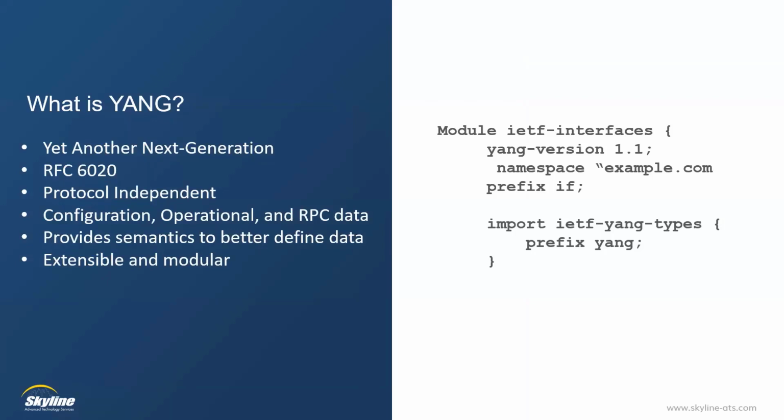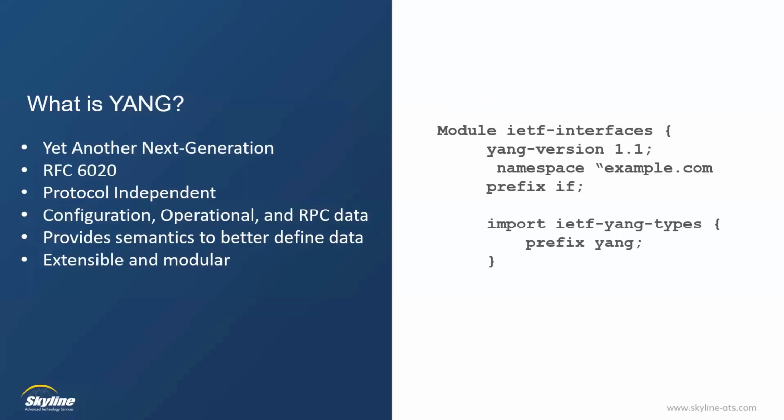And here's the thing with it: it defines things such as a host name. For example, a host name on a router is defined as a string. For an interface, it will define what an IP address should look like.